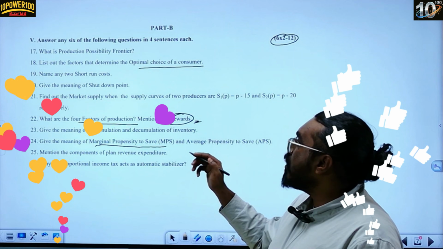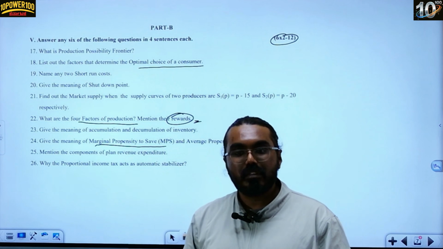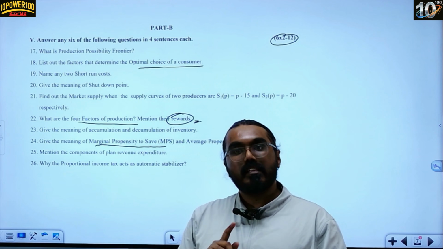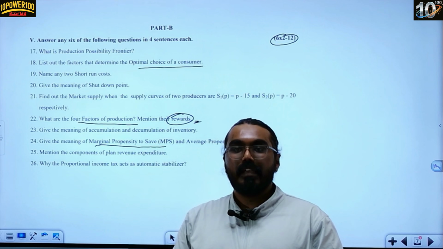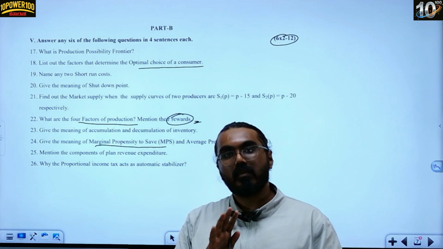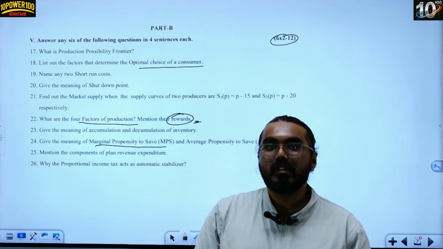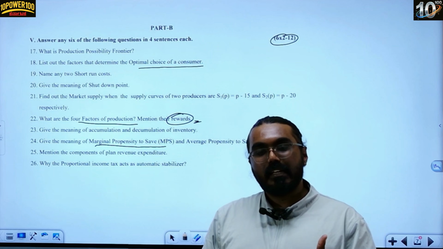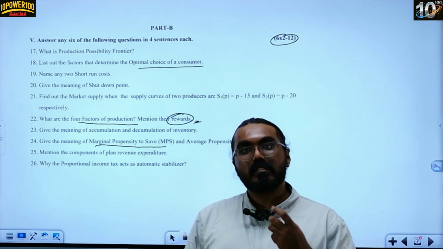But again, here what you can do is, you see that there are 2 questions from the production and cost lesson. There's 1 question from consumer behavior. There's 1 question from theory of firm. There you have your 4 questions. Then you have 1 question from national income and accounting. That's 5. Then if you have studied Introduction to Microeconomics, you will get another question.